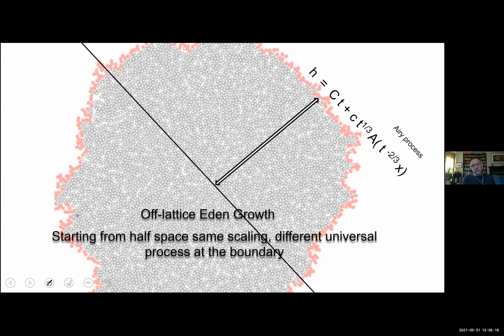And I guess it's kind of clear that the thing's growing at rate some constant times t. And these kinds of constants are very non-universal. And the universal thing that we want to see are the fluctuations around this deterministic ct growth. And they're at this strange scale t to the 1/3.